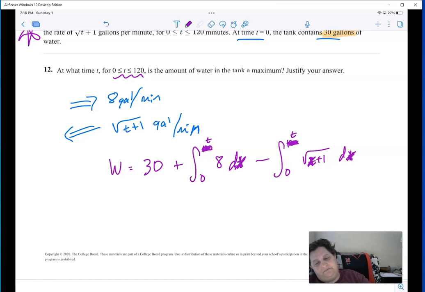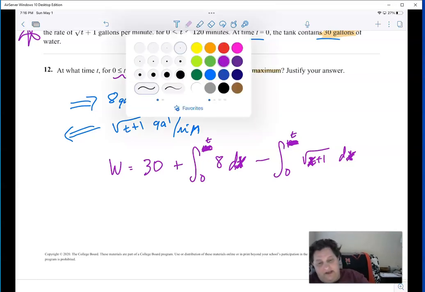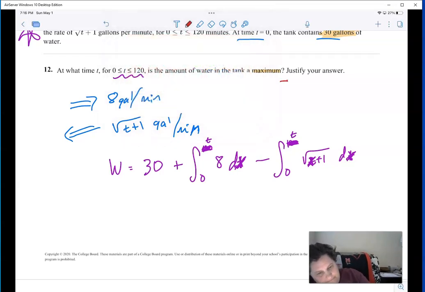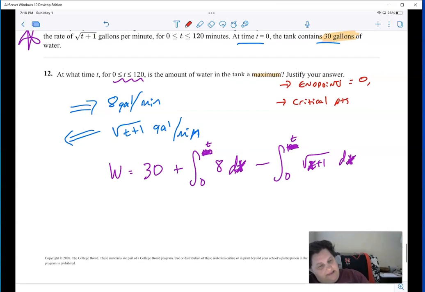In order to find maximums or minimums, we have to check endpoints and critical points. Endpoints are easy. It starts at time 0 and ends at time 120. Those are my endpoints. Critical points are where the derivative of water equals 0.